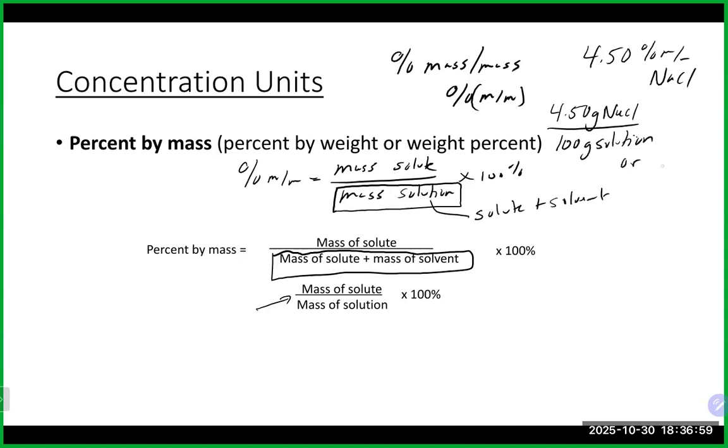Or you could flip it around and use it the other way. 100 grams of solution would have 4.5 grams of sodium chloride, so you could use it as a conversion factor.